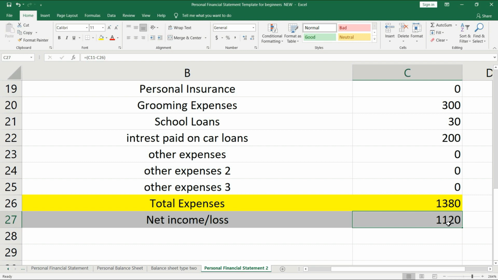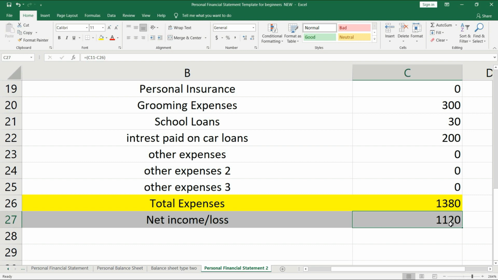So you decide what you use your money for. So let's say everything has been taken out, and our net income is 1,120 cedis. You understand?